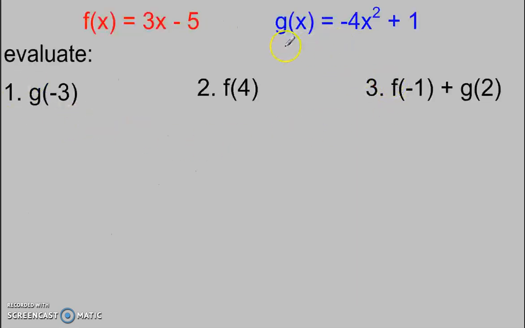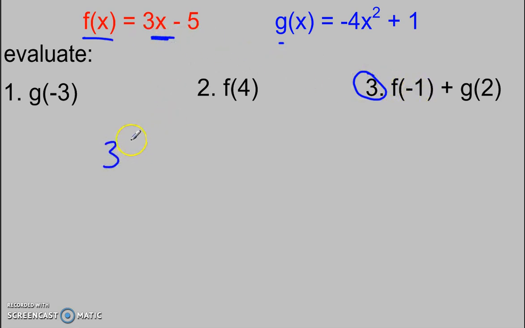I do want to look at this last case here, adding two functions. So I have, for number 3, f of negative 1 plus g of 2. So I'm looking at the function f of x, where x is negative 1, so I'm going to replace x with negative 1.